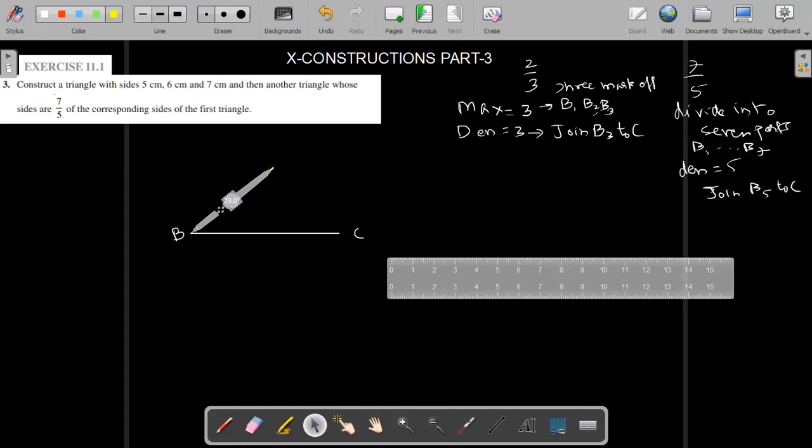You can write the steps also with whatever you are doing. So this I have taken as 5 centimeters. Now take 6 centimeters.